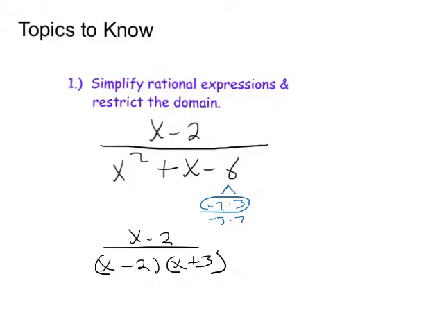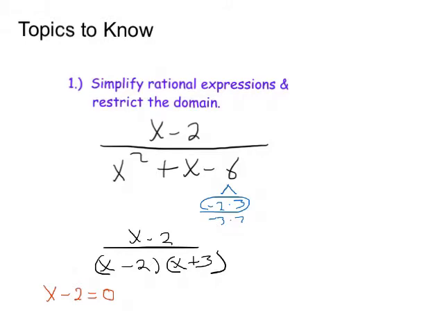Alright, so there it is. Now, at this point, we're going to look to see if there's anything that'll divide out. It just so happens that yes, there is. But before we divide anything out, let's take each of the factors in the denominator and set them equal to 0. Why do we need to do that? We need to determine if there are any restrictions to the domain.